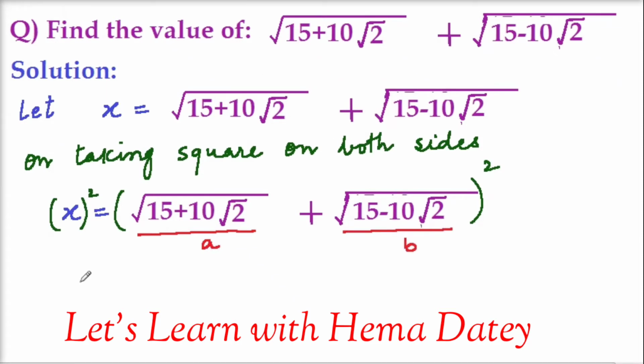In place of a, we have 15 plus 10 root 2. In place of b, we have 15 minus 10 root 2.